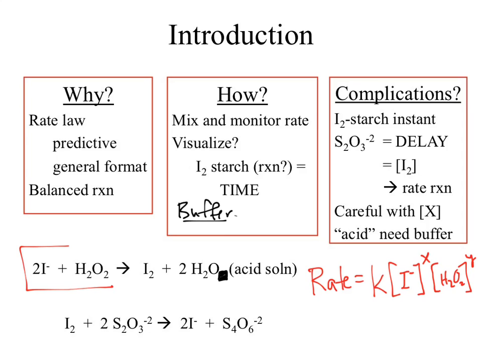I formed some iodine. How much iodine did I form? Oh, crap, I don't know. So now I need to come up with some way to monitor the concentration of iodine. So let's add thiosulfate to it. Oh, now I can monitor the concentration of that. And they go through and, oh, I'm still not getting good results. What happened there? Oh, well, my pH changed.